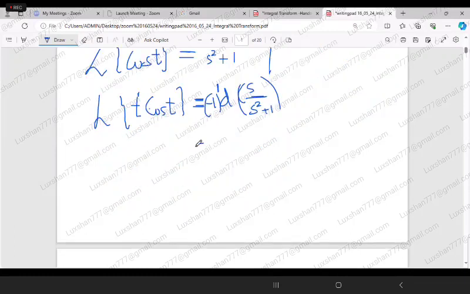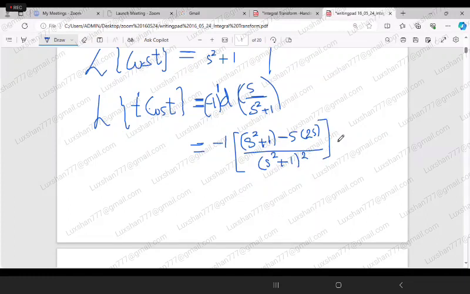So if you differentiate this one, this comes as s square plus 1 minus s into 2s, divided by s square plus 1 whole square.